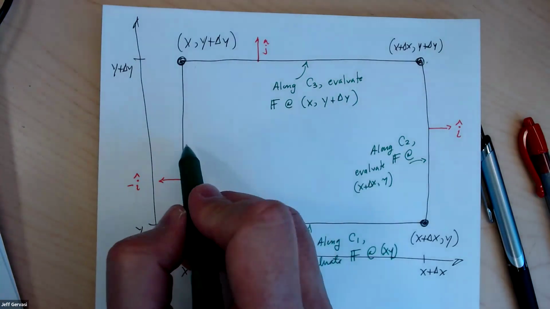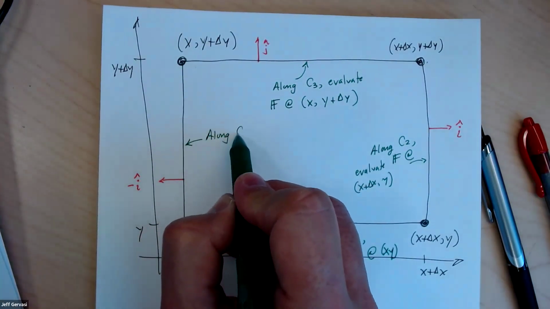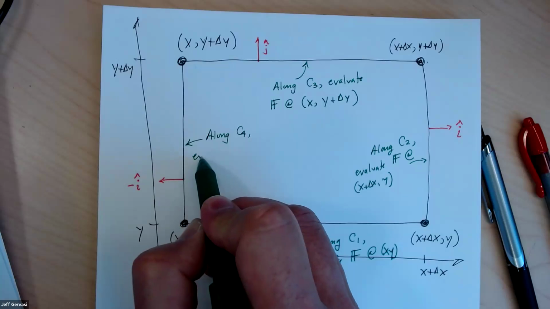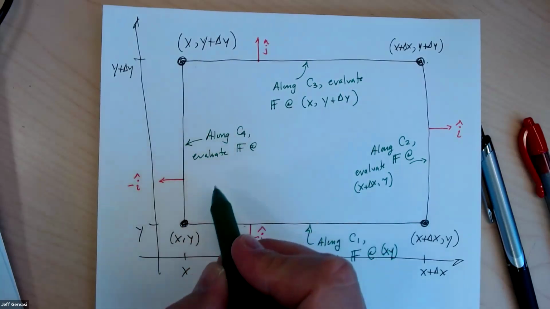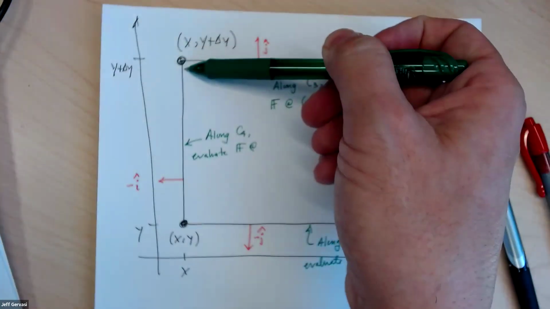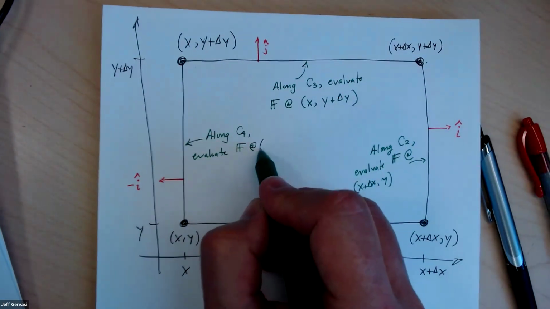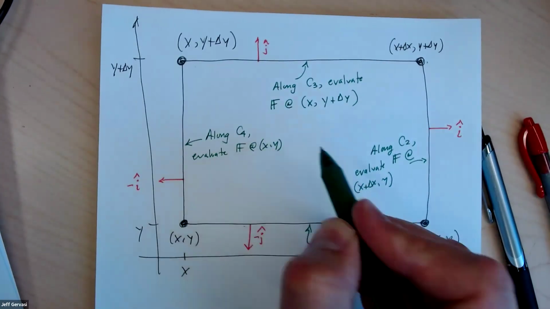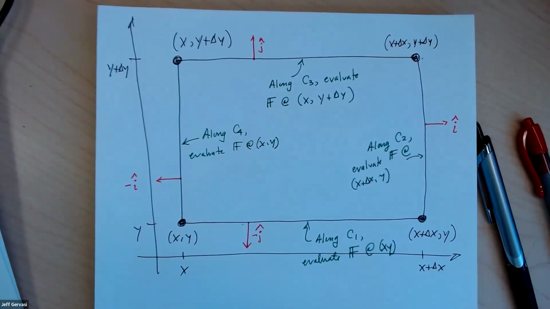And finally, along this curve, we'll call it C4, I want to evaluate my vector field. I can use any point along this vertical line I want. I choose to use the lower corner, x, y. All right, that's my setup.